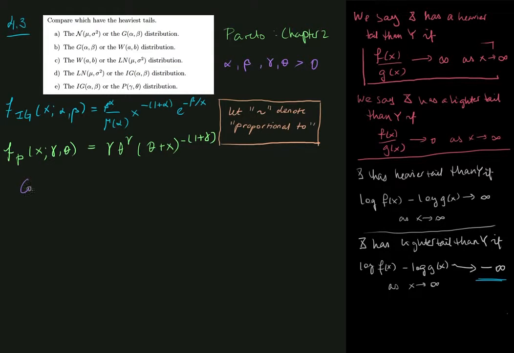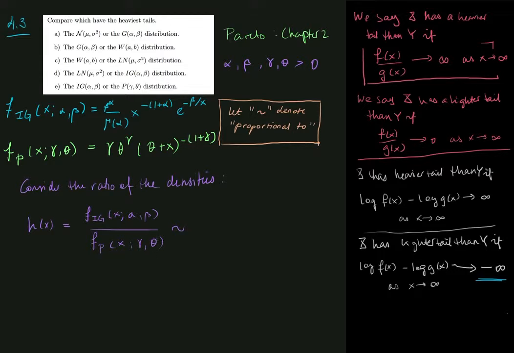So once again, we consider the ratio of the densities, which is given as h of x, and I will choose to put the inverse gamma density in the numerator, with parameters alpha and beta, divided by the Pareto density in the denominator with parameters gamma and theta.